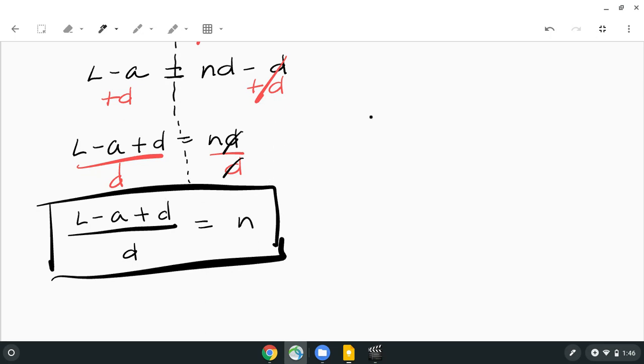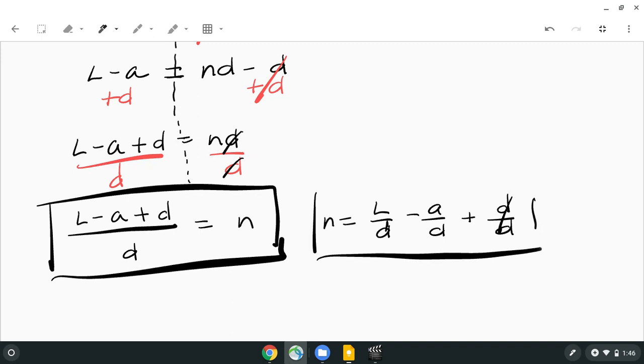So if you write them individually over D like this, L over D minus A over D plus D over D, then yes, you can cancel here and you'll have 1 instead. So your answer would be L over D minus A over D plus 1. Either one of these is fine.